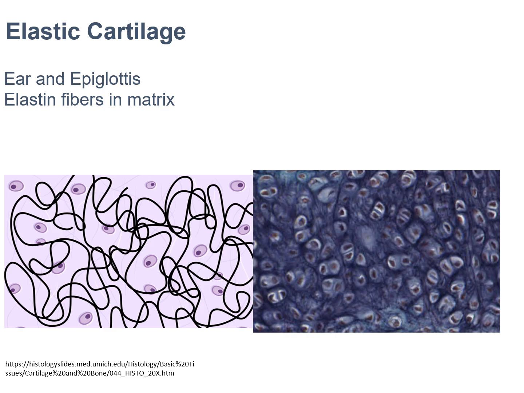But you can also see that in the real picture on the right, there does seem to be what looks like scratches or lines in the matrix between the chondrocytes. These really darkly stained scratches, those are the elastin fibers caught in the matrix, making this elastic cartilage.